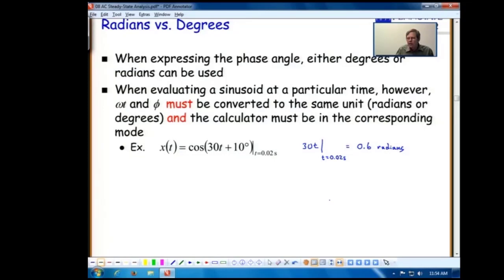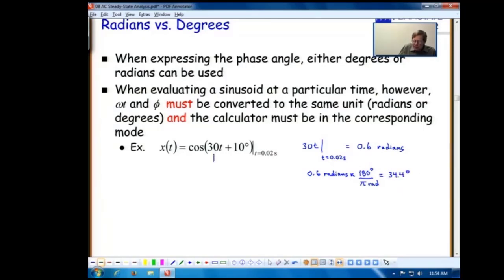Remember that there are 180 degrees in pi radians. So 0.6 radians times 180 degrees over pi radians will give me a number in degrees. In this case, it turns out to be 34.4 degrees.